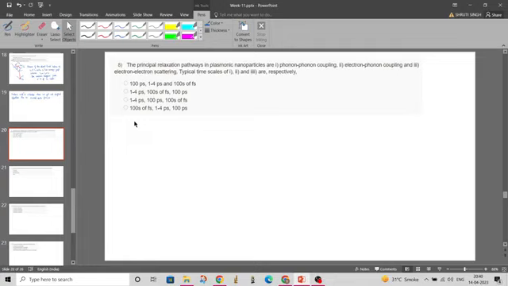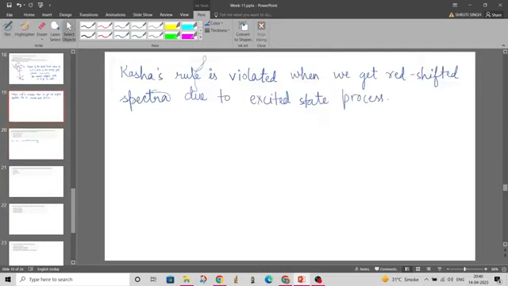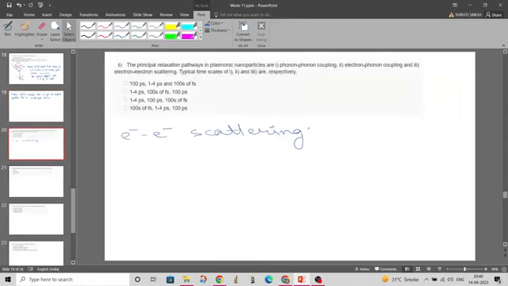So for electron-electron scattering, it takes hundreds of femtoseconds.